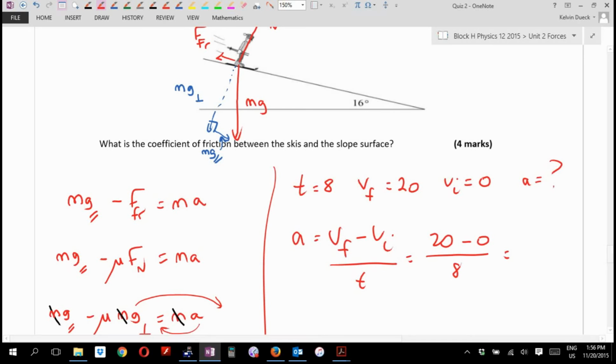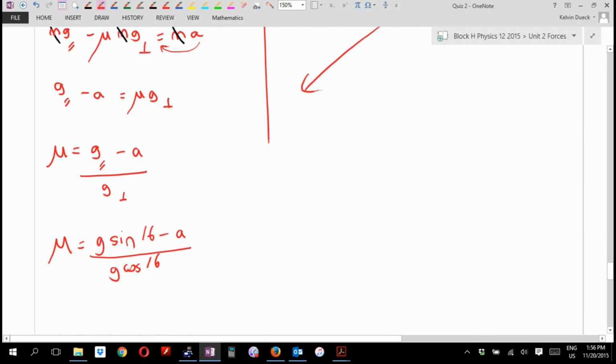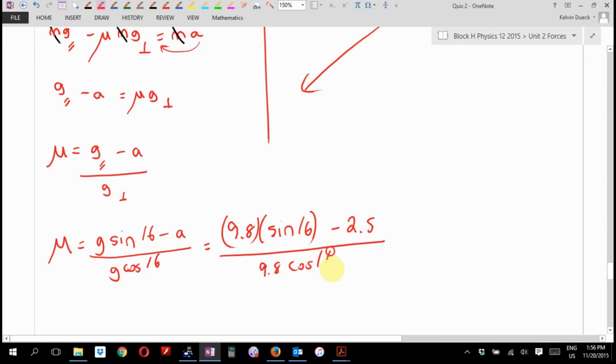Is that right? Yep. And let's bring that back over to here. So it's going to be 9.8 sine 16 minus 2.5 all divided by 9.8 cos 16.